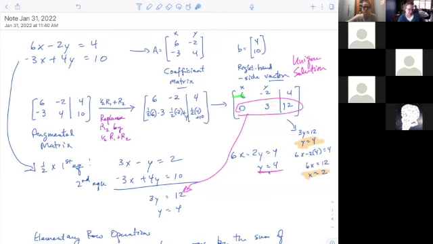The 6 is the first non-zero entry in this row, whereas the 3 is the first non-zero entry in this row. And so we're going to ask questions like, does each variable have a pivot position in its column? Or does each variable have a non-zero value that's a leading entry in its column? All right, so questions here?